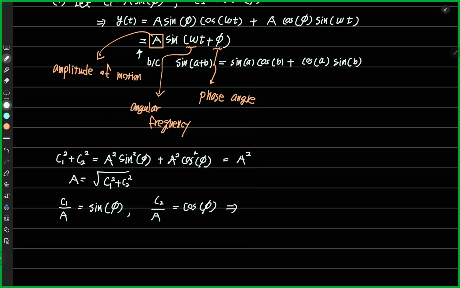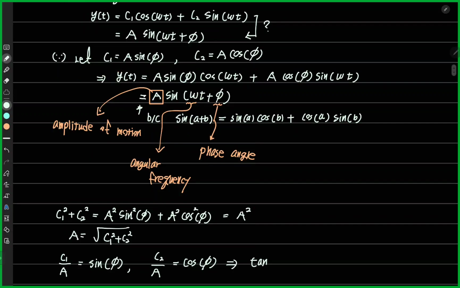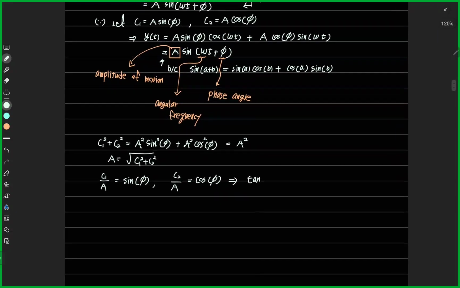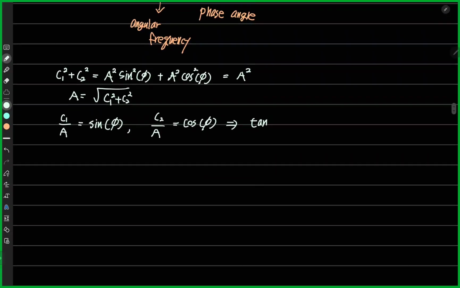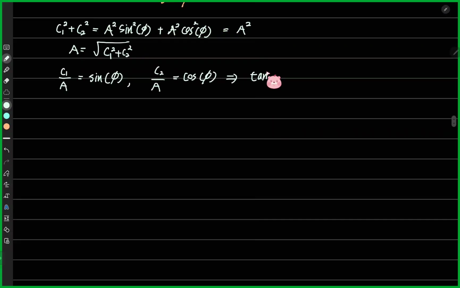So combining them, sine over cosine is the tangent. So tangent phi is just C1 over C2.